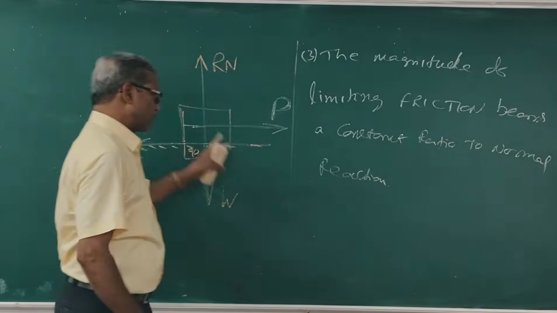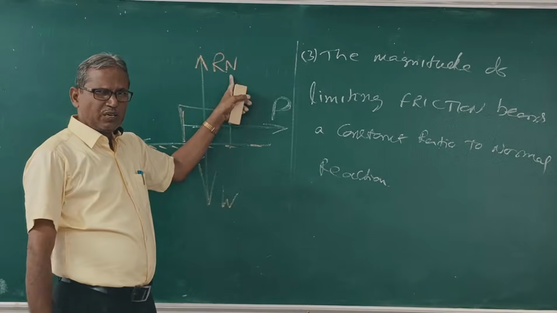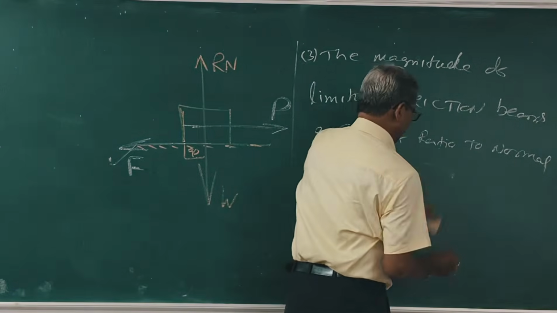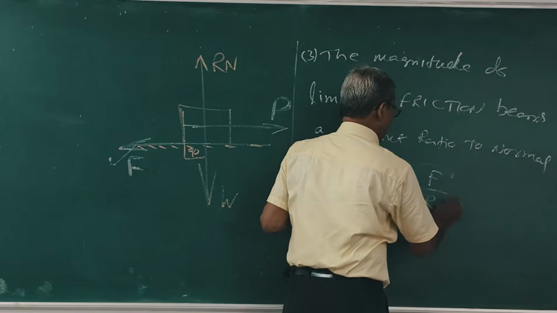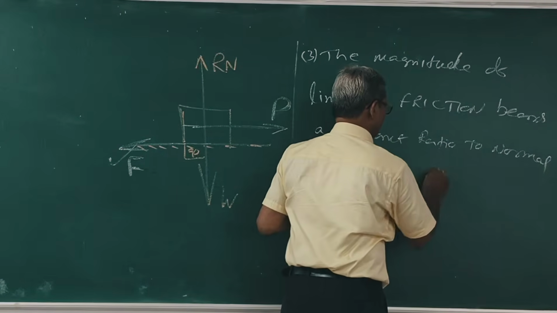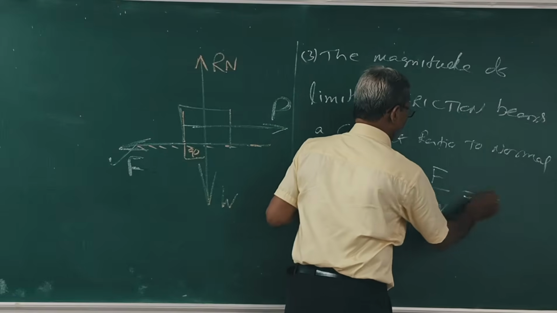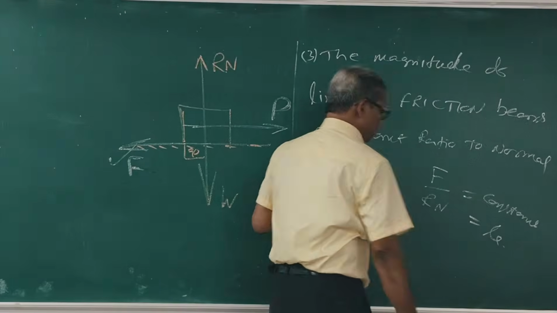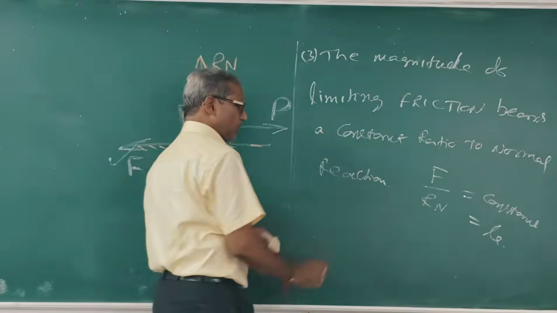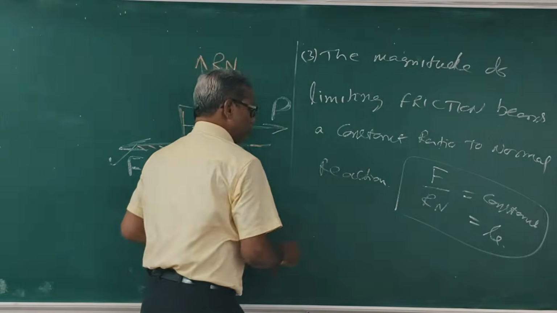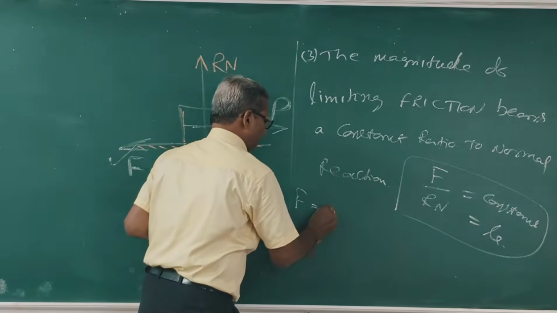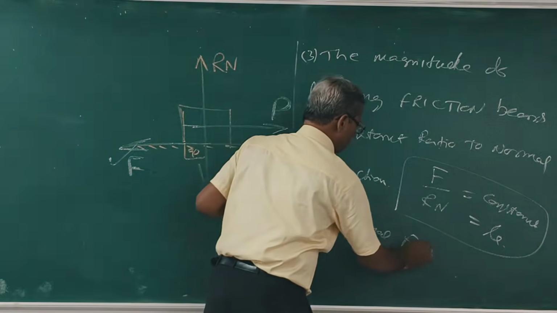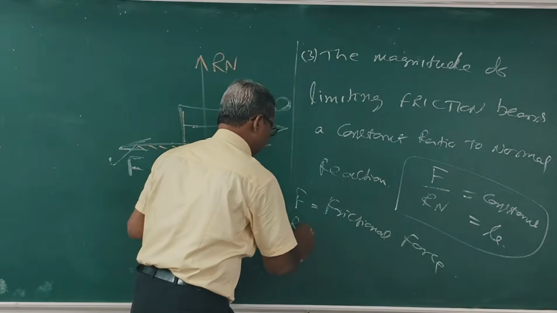The frictional force F bears a constant ratio to the normal reaction, that is F by Rn is equal to a constant. This constant is equal to mu. Clear? So F is the frictional force. What is Rn? The normal reaction.